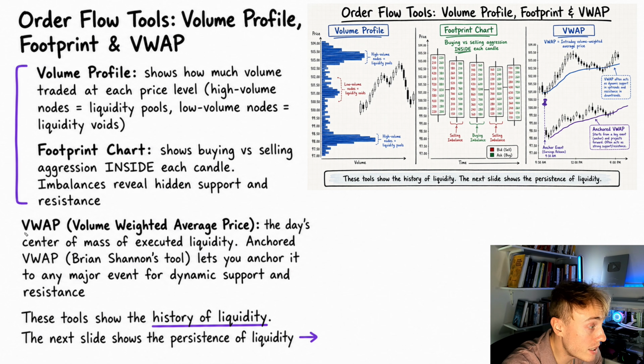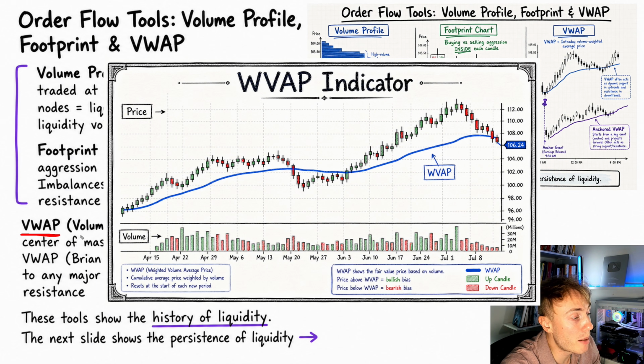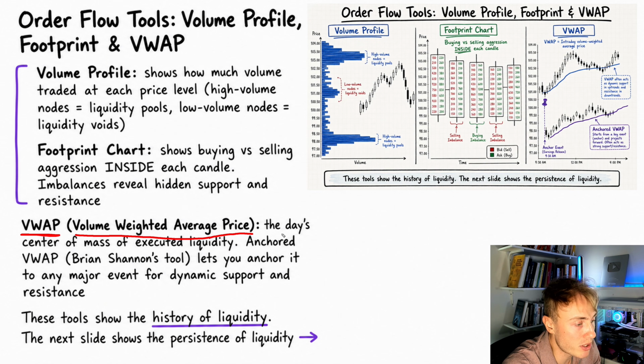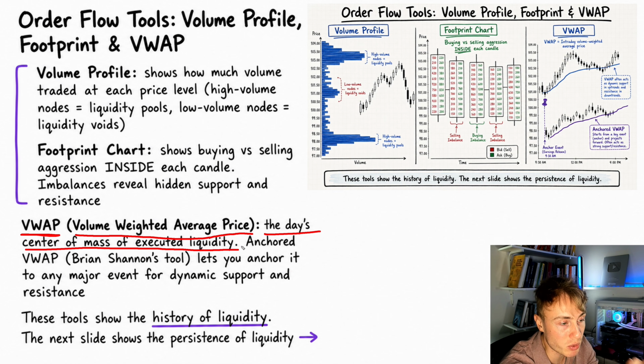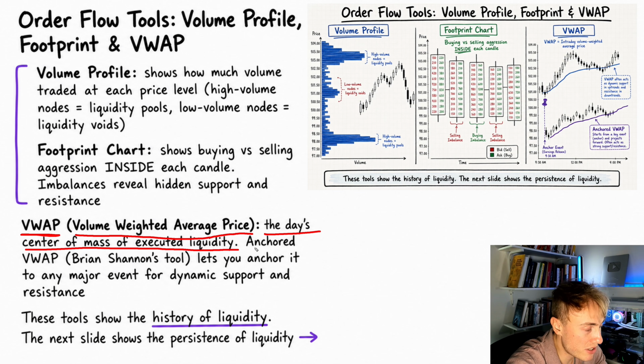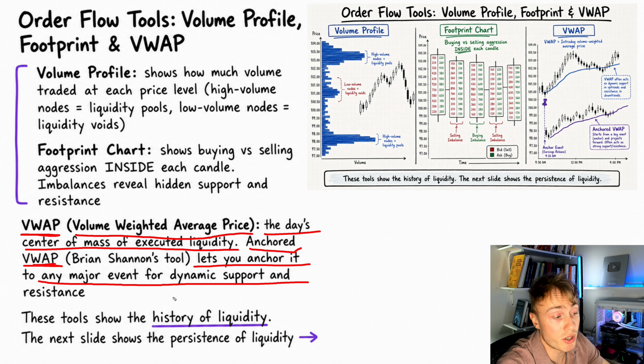Okay, so last but not least, I can also talk about the VWAP, which stands for the volume weighted average price. And this is basically what it sounds like. It is the day's center of mass. You know, where was the most liquidity taken during the day? And we have different types of VWAP. One very common one is the anchored VWAP that lets you anchor it to any major event for dynamic support and resistance and so on.